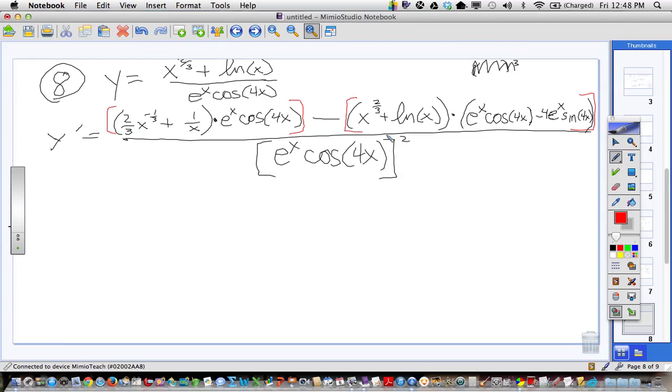But let's talk about the e to the x. Is e to the x a factor in here? Yes. And then, once we factor it from there, we could factor it out of the red thing. Let me see if I can simplify this.